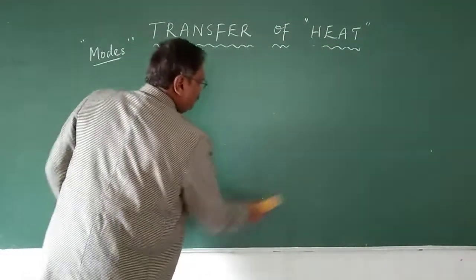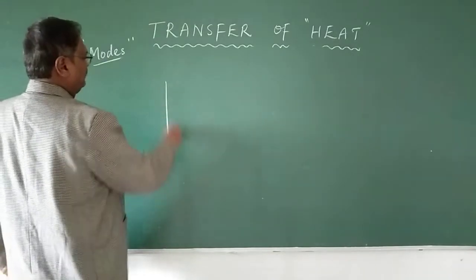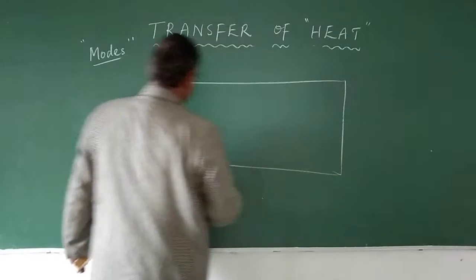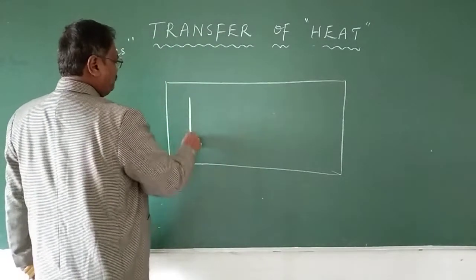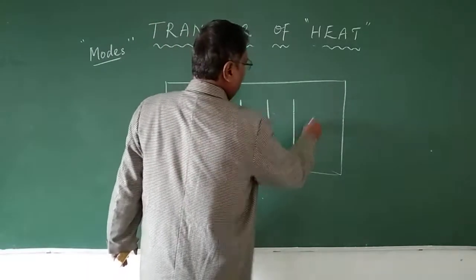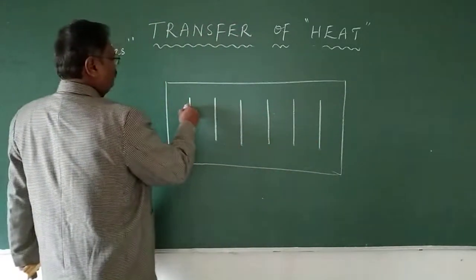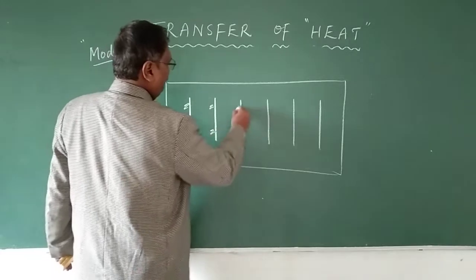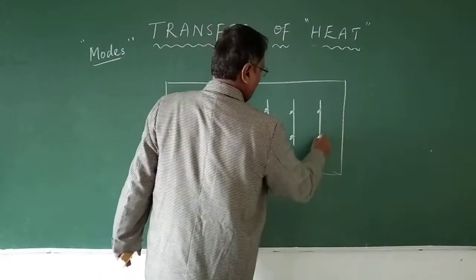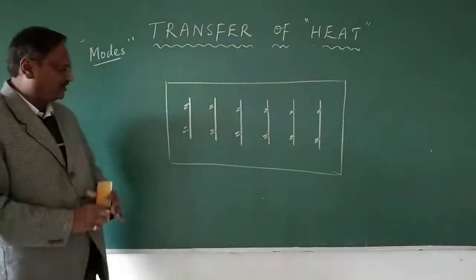So let me take, for example, your room. This is the classroom, okay? And there is a bench here, bench here, bench here. Now students are sitting, right? Two students are sitting everywhere. It is a visualization, a picturization, imagination.